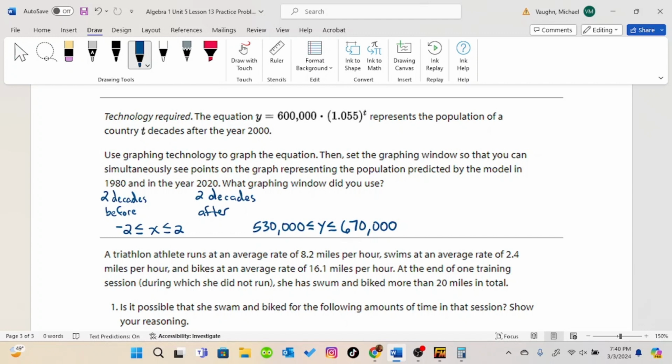For our y values, we want to set a bottom end around 530,000. That way we can get all of the y values at the bottom in the screen. And then we'd want to go up to at least 670,000 so that we can get all of the y values at the top end in the screen.